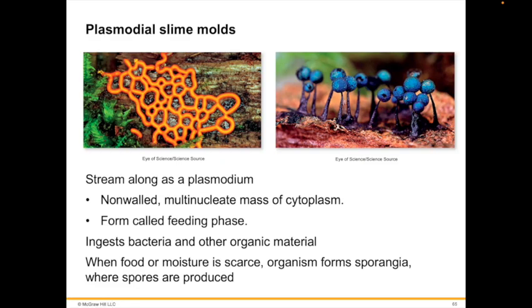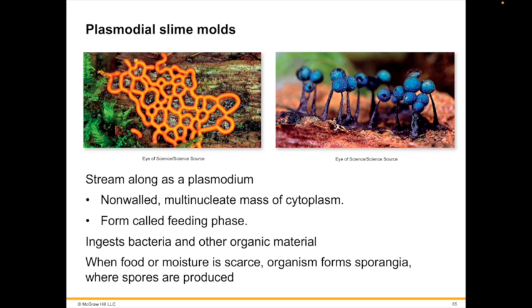Plasmodial slime molds are multinucleate. Plasmodia in their feeding phase are macroscopically visible masses of oozing slime. These colorful large cells undergo repeated rounds of mitosis without cell division. So there you have it, the plasmodial slime molds.